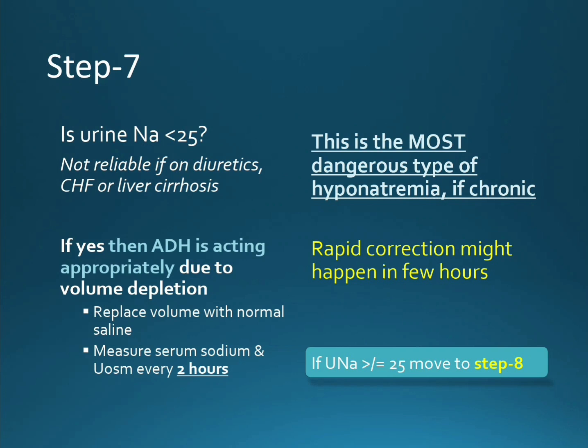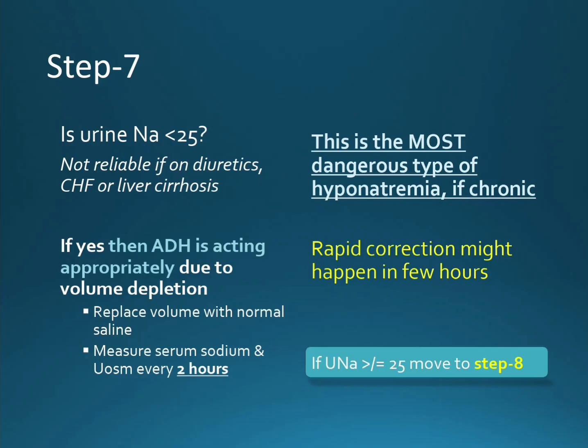Okay, so if the patient is not on diuretics and doesn't have significant heart failure or liver cirrhosis, then you ask yourself, is it less than 25? If yes, then the ADH is acting appropriately due to volume depletion, or precisely effective arterial blood volume reduction.